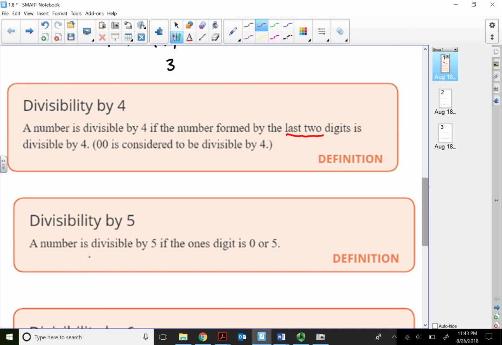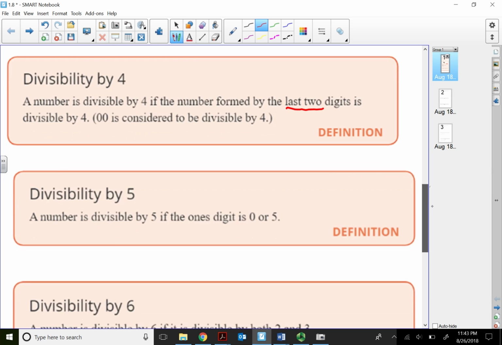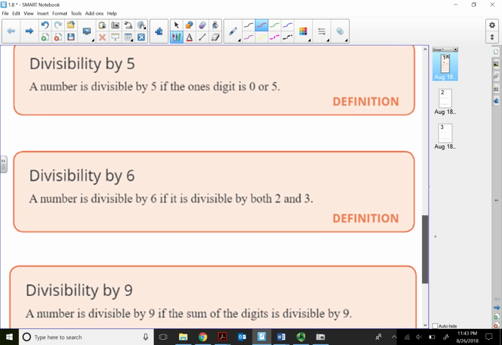A number is divisible by 5 if the ones digit, the ones place value, is 0 or 5. Most of us know that. A number is divisible by 6 if it is divisible by both 2 and 3, because if 2 can go into it and 3 can go into it, that means 6 can go into it. Where does the 6 come from? 2 times 3 is 6.